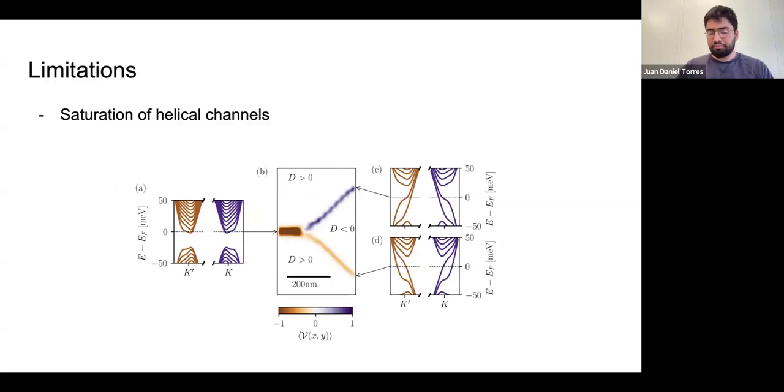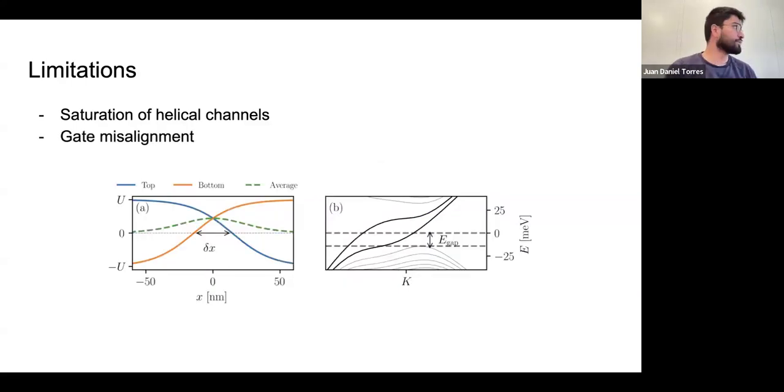You cannot detect differences that are larger than that. And if you saturate the channels, it will be difficult to observe how many modes go into the splitter. That is one of the limitations.